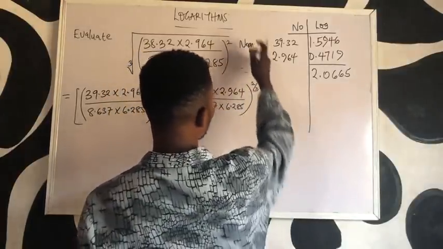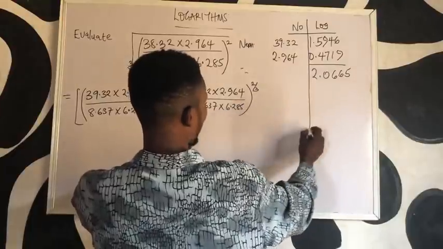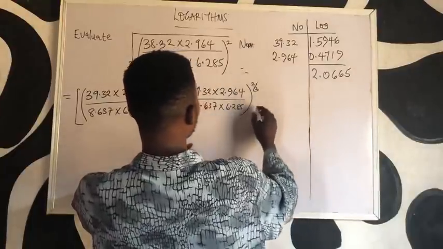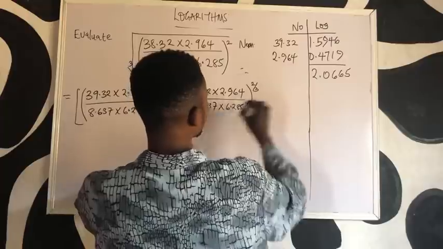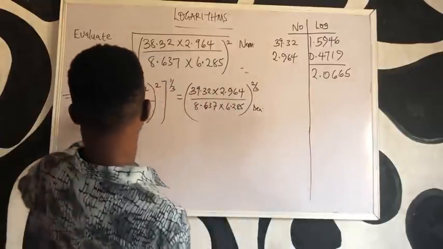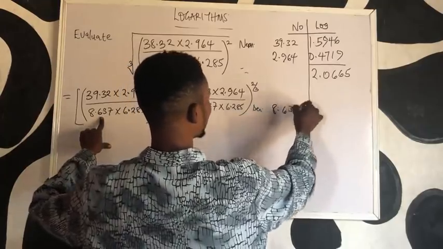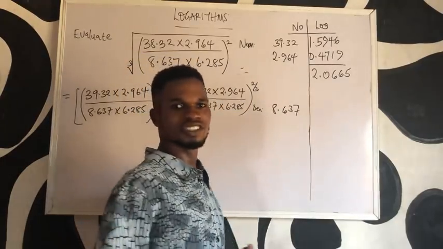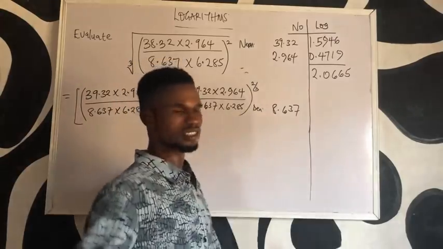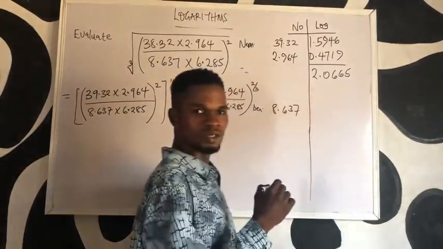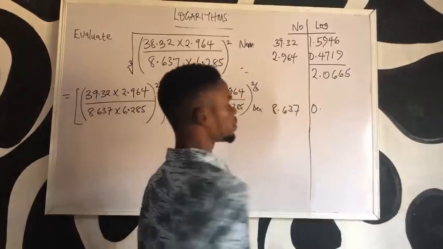Now for the denominator. There's no space here, let me put it here. For the denominator, we have 8.637, which has one number before the decimal point. 1 minus 1 is 0. 0 point.